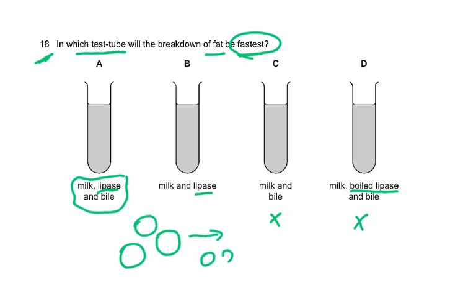Bile converts them into smaller globules. Now, if they are smaller globules, then the lipase will have more surface area to work upon. So the more surface area, it will mean it will break it down faster. So that is why the answer is A. Milk, lipase, and bile, because bile emulsifies fats.